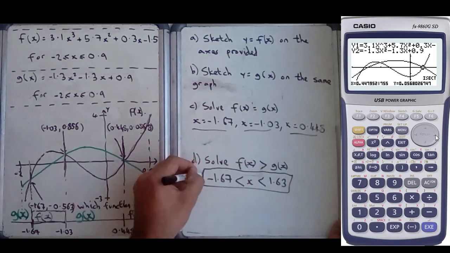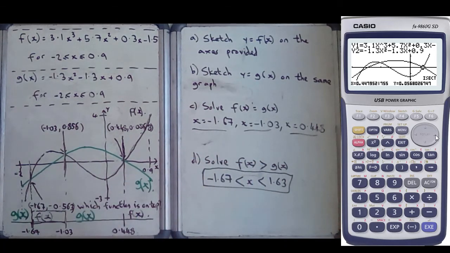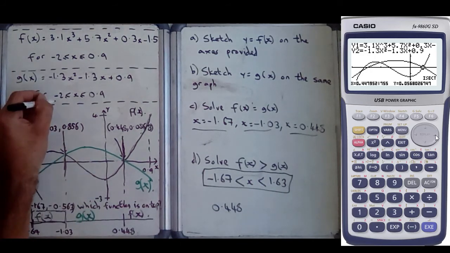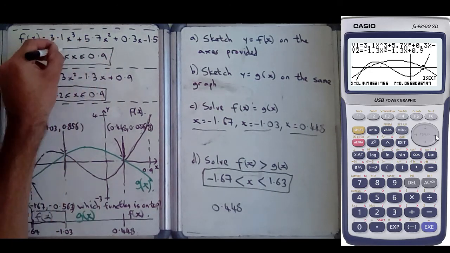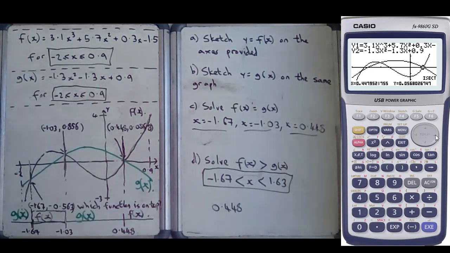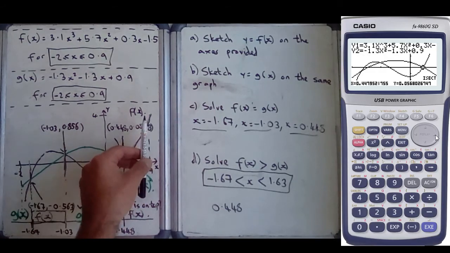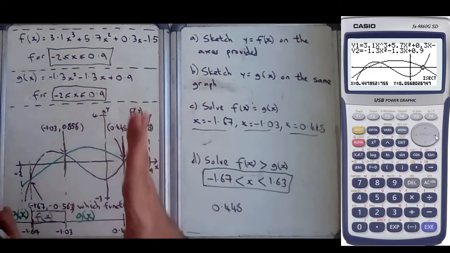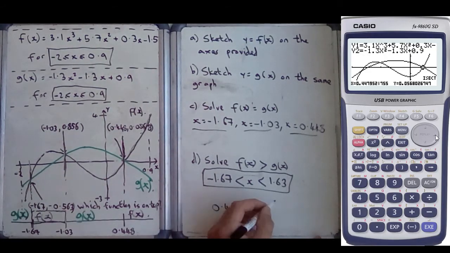And the other area happens to the right here, so I'm tempted to write x is greater than 0.448. But given that we've restricted ourselves to this particular domain, minus 2 to 0.9 inclusive, after 0.9 the graph doesn't exist, so that's got to be your cutoff.